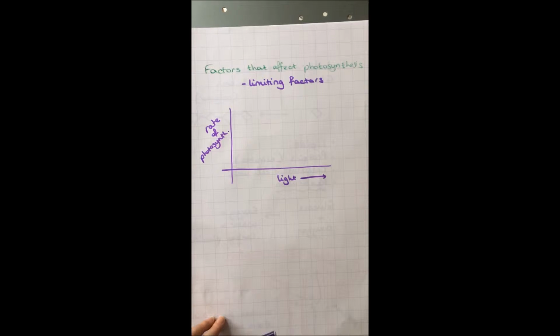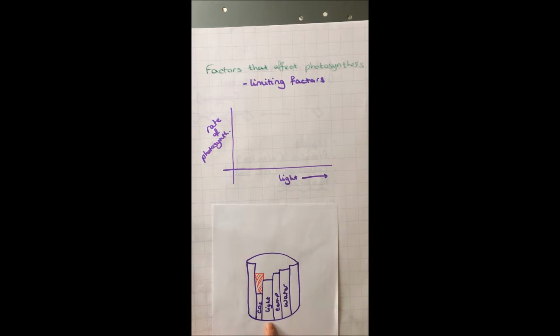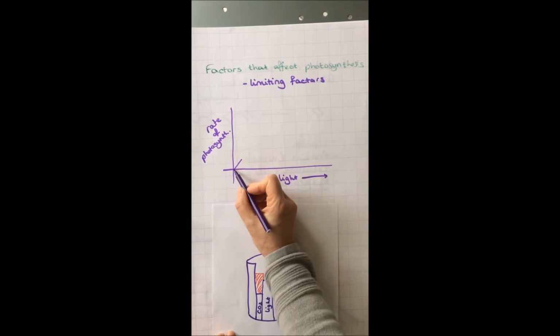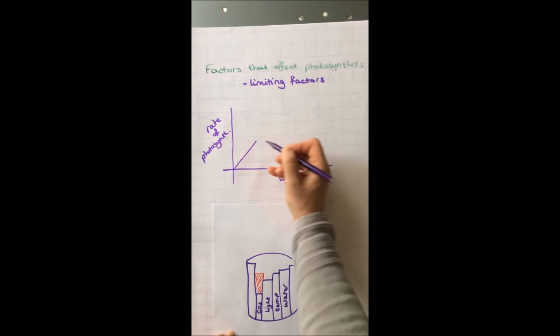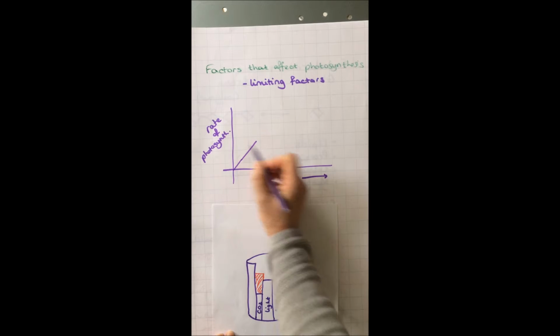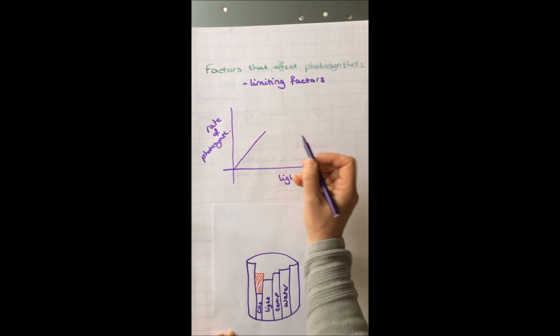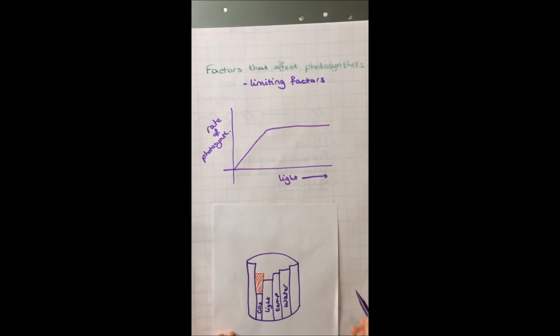As I increase light, my rate will increase. When it's dark, there's not going to be any photosynthesis, but as I increase the amount of light, the rate of photosynthesis increases more and more until all of a sudden it levels off.